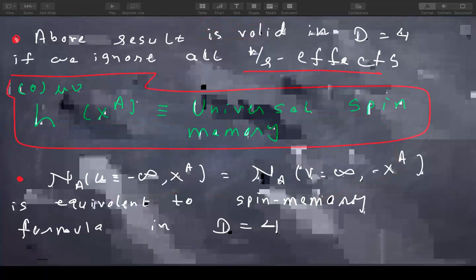So if you ignore the Coulombic effects, then the superrotation charge conservation law gives you precisely the spin memory formula. And so this gives us the missing vertex for the infrared triangle, even for the superrotation, modulo the caveat that we have dropped the 1/r effects for now.